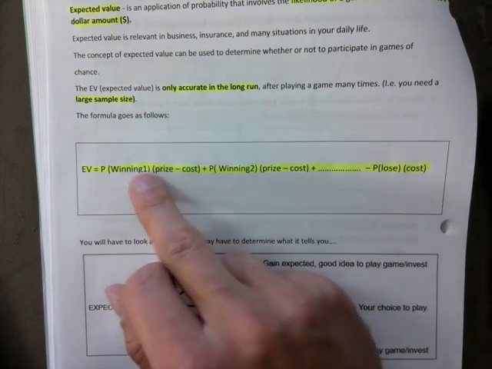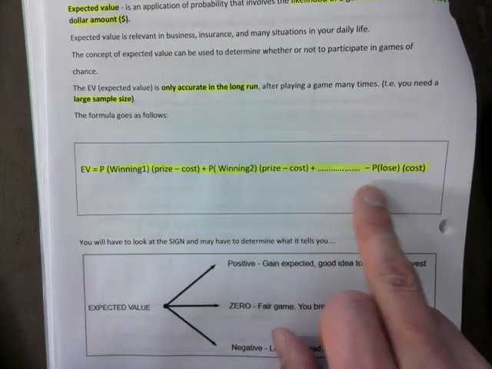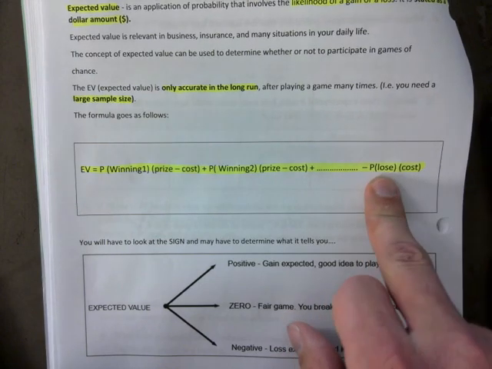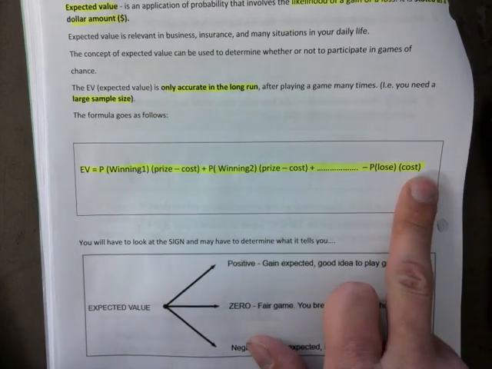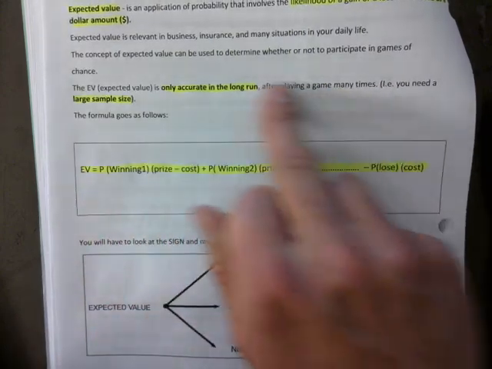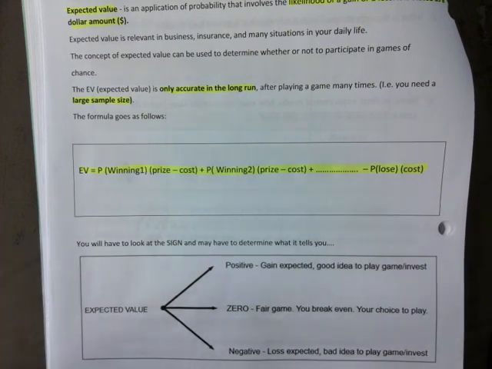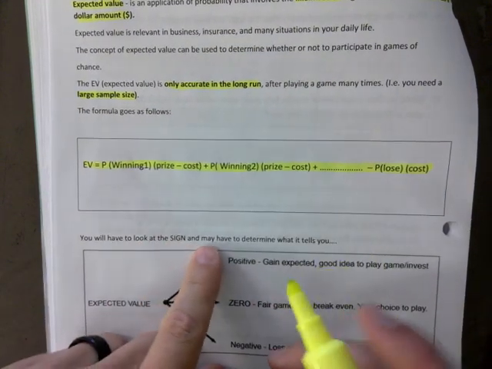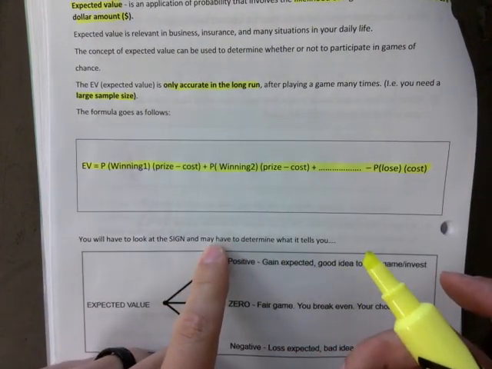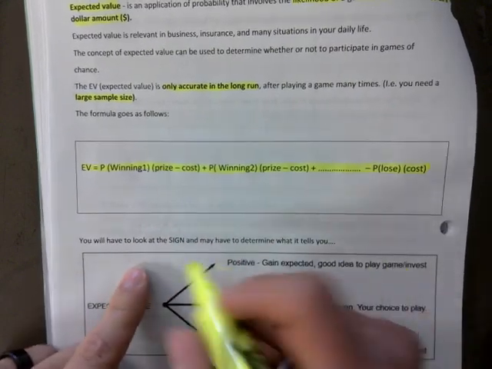And then we continue all the way until the last term, where we subtract the probability that we lose times just the cost. We'll do an example to see how this formula works. You may have to look at the sign to determine what it tells you.